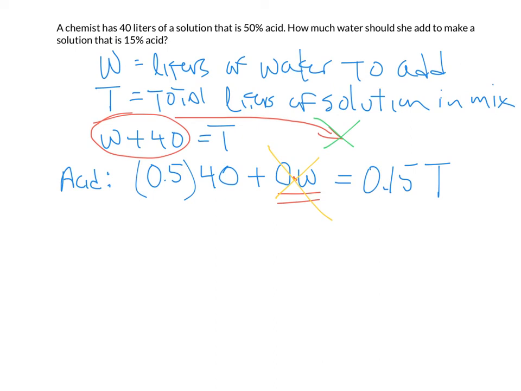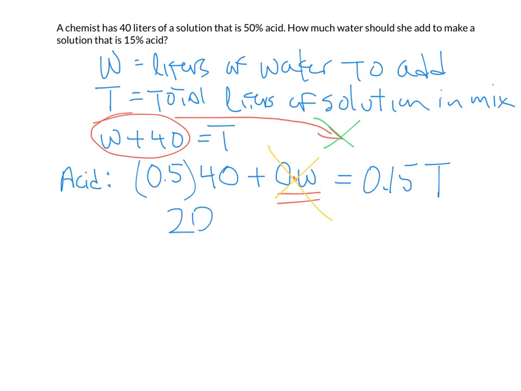So this turns out to be actually easier once you set it up and you realize this. Instead of substituting this time, you'd solve for T right away. If we just solve for T right now, what we've got is half of 40, which is 20.